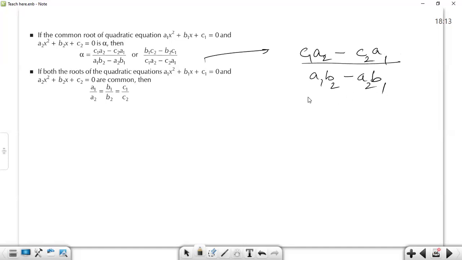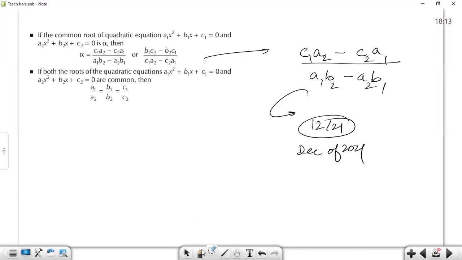Actually, coincidentally, I made this trick in 1221, December of 2021. First of all, we need to understand that if there is a root which is common between two quadratic equations, then to find it there's this formula: alpha equals c1a2 subtracted by c2a1 divided by a1b2 subtracted by a2b1.